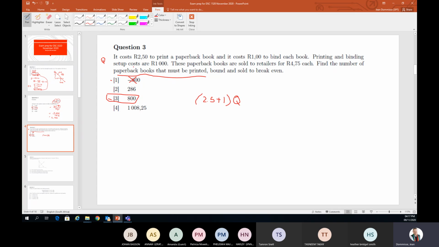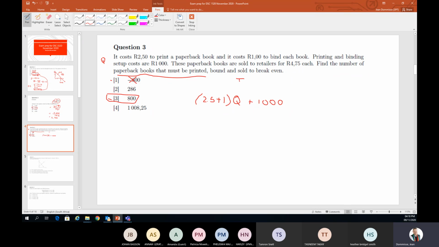Printing and binding setup cost are 1,000. So that is your variable cost. Your fixed cost is R1,000. And it doesn't matter how many books you print and bind, the setup cost is 1,000. Then they tell you these paperback books are sold to retailers for R4.75.